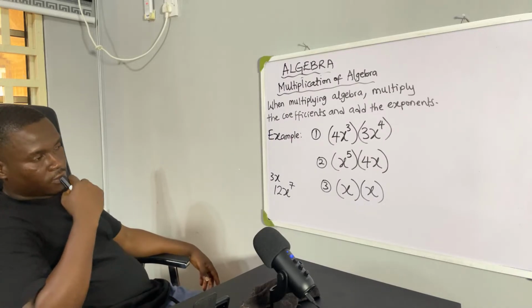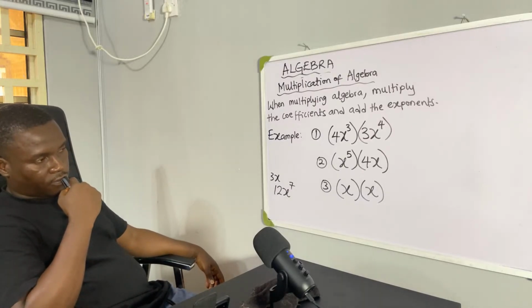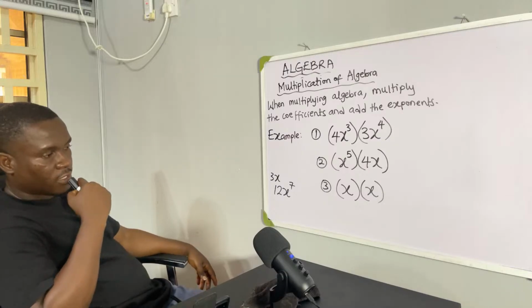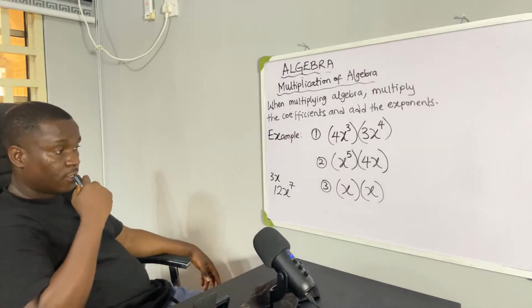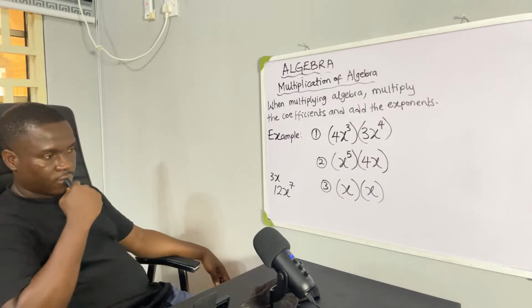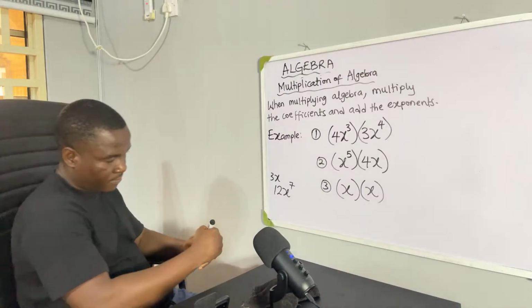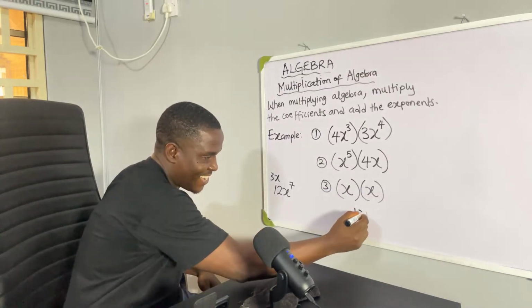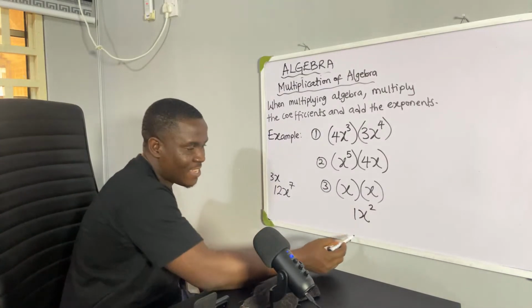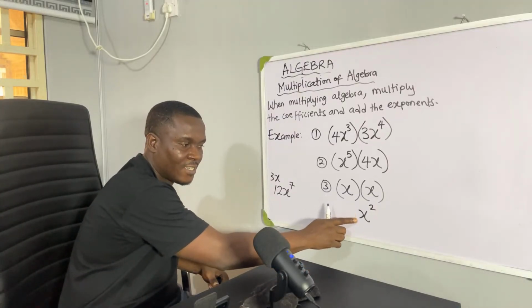Second one. 4x raised to power 6. 4x raised to power 6, correct. Third one. 1x raised to power 2. Correct, as an amateur. Remember, when it is 1 here, do you need to write it?